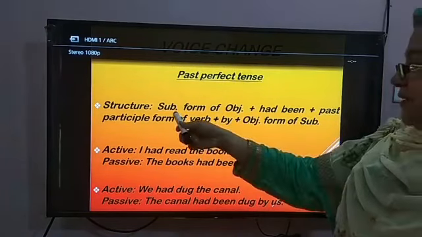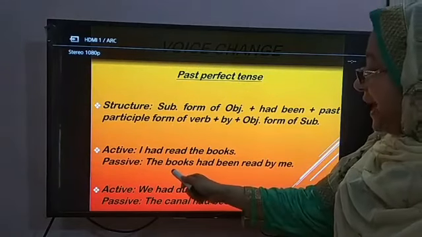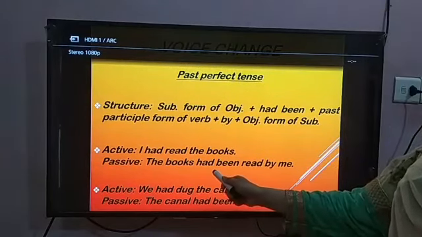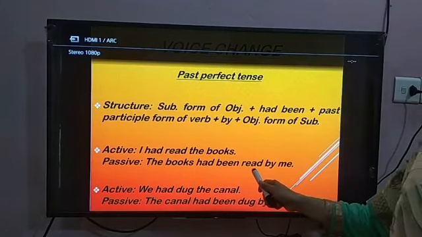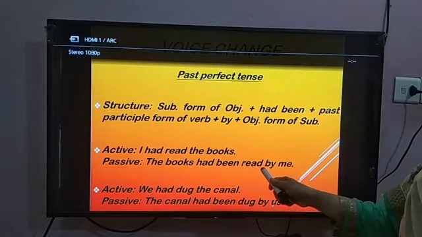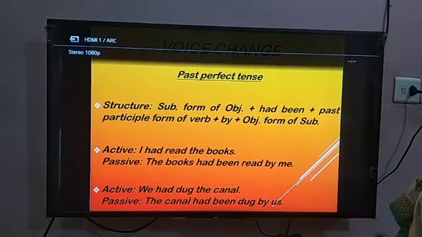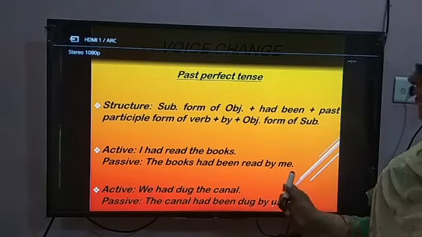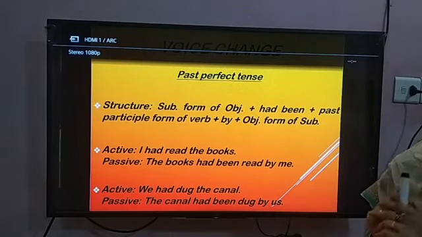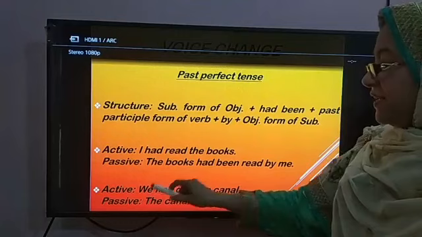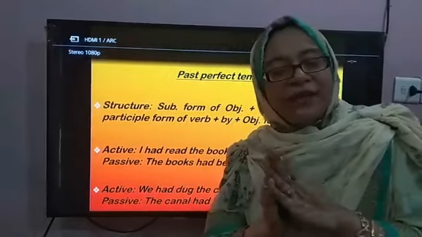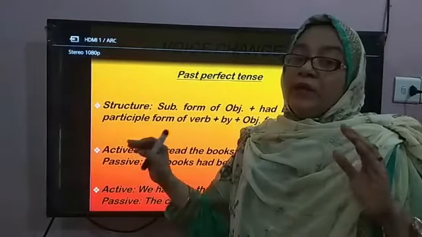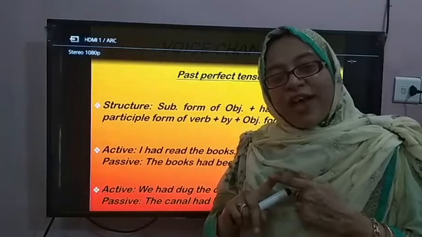Look at the example: subjective form of object plus had been plus past participle form of verb plus by and the objective form of subject. Then you can do it easily. We had dug the canal. What will be the answer? Try yourself.